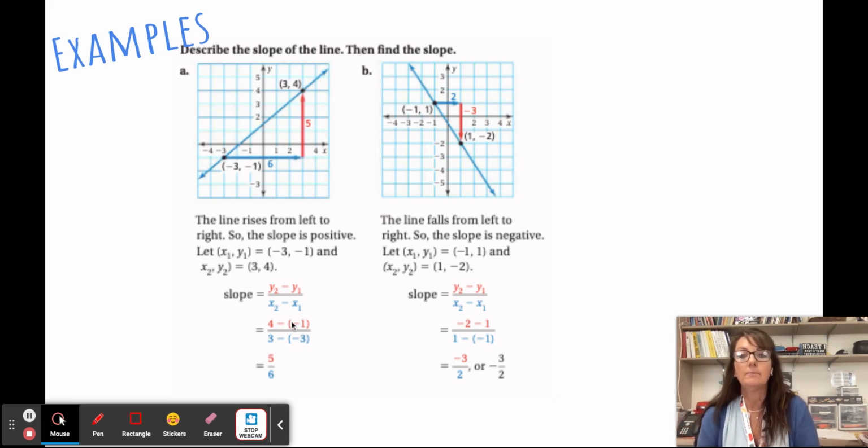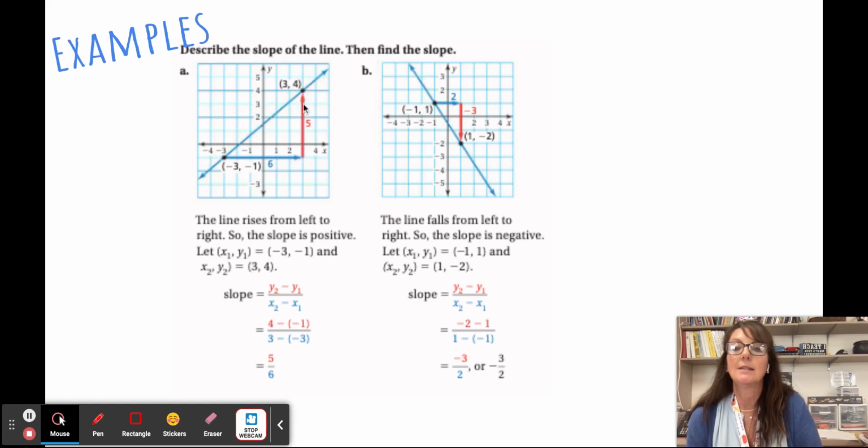If you calculate it, you're going to get 4 minus negative 1 over 3 minus negative 3, and that's shown here, or 5 over 6. So this number over this number, 5 over 6, okay? And they're kind of showing that in the run direction, this is the change in x right here. It's a positive 6.